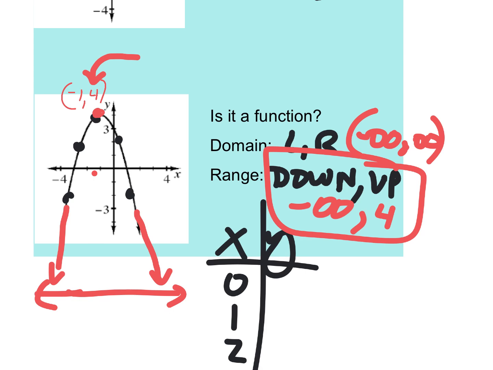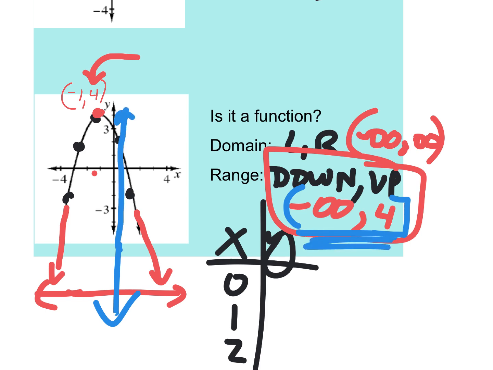And then it touches at 4, so bracket. You can never touch infinity, so parentheses. Okay. That's domain and range. The range was from negative infinity, because it went way down here, up to the highest it ever went, which was 4. Does that make sense to you?